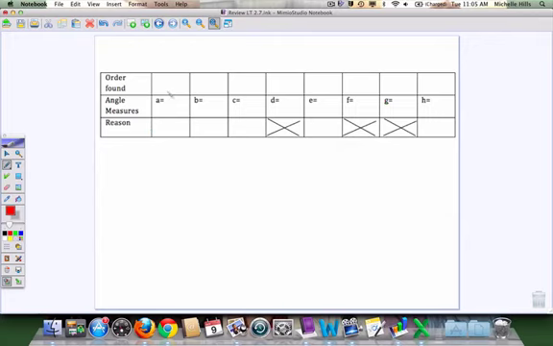So A is 32 degrees. Don't forget your degree symbol. So I found A first, and the reason is alternate interior angles are congruent. You might write the conjecture there, but conjecture is a pretty long word to write.